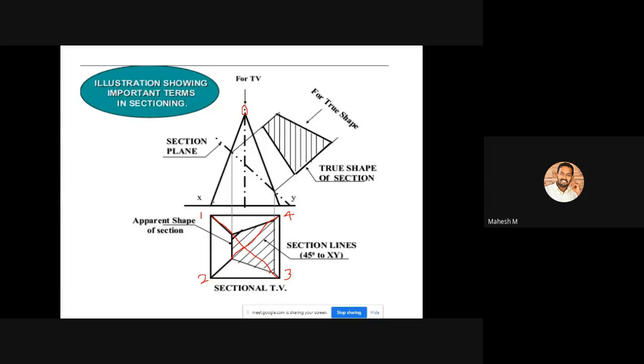So this point can be called 2 dash of 1 dash, and this point can be called 3 dash of 4 dash. Creating the front view and top view is similar to our second unit.